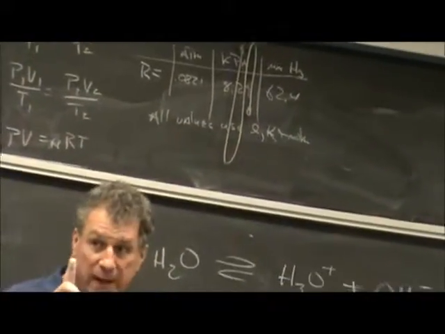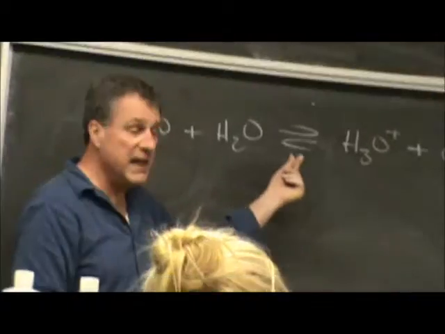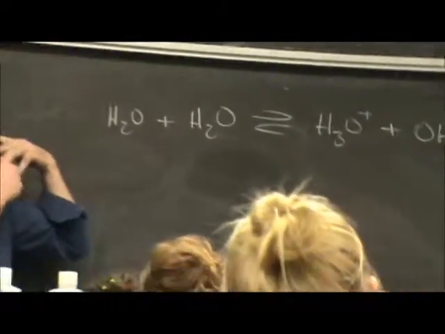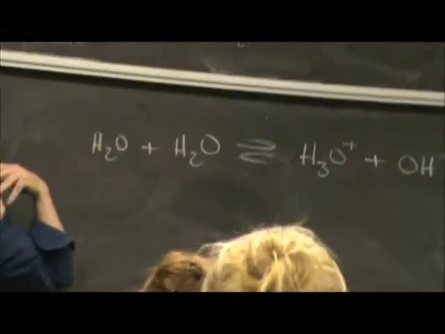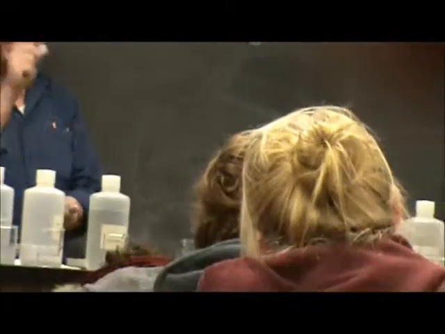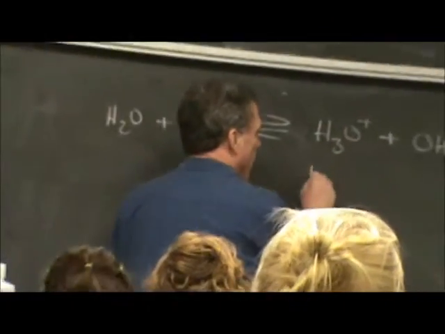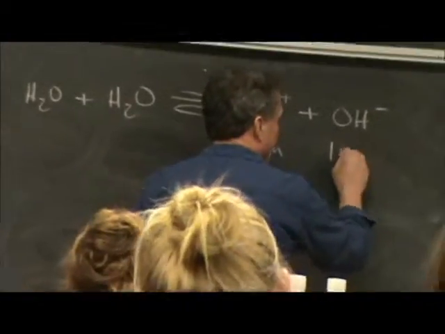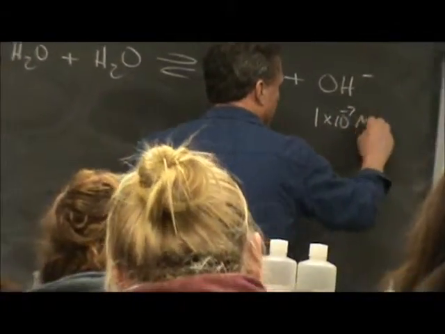Now, real quick. This is an equilibrium. This equilibrium strongly favors the left-hand side. Most water molecules do not lose or gain hydrogen ions in a liter of pure water. Only a small number. How many? About 1 times 10 to the negative 7 moles per liter of each.